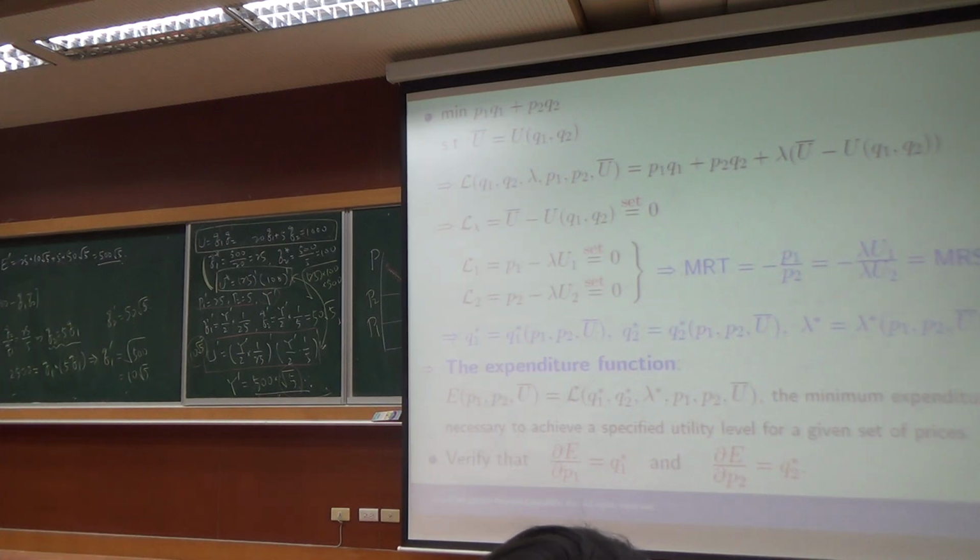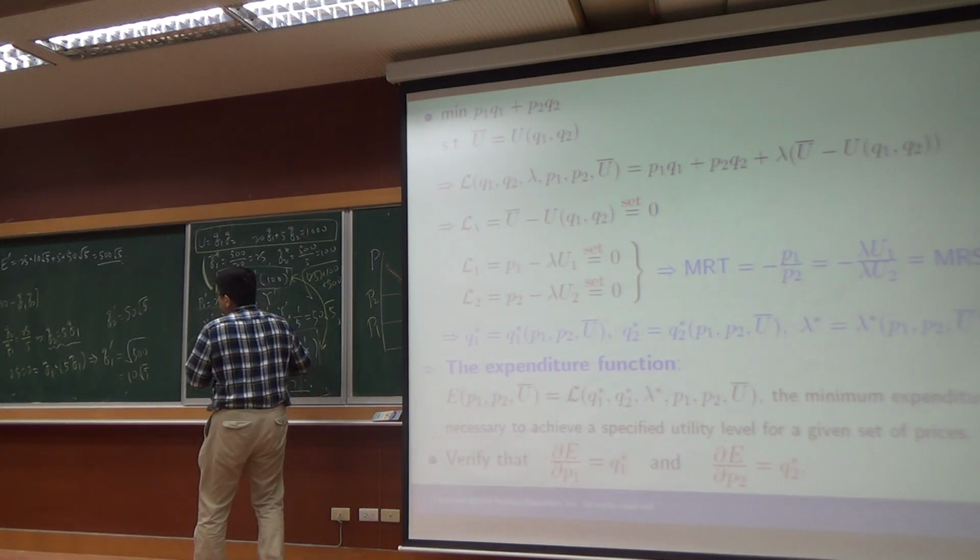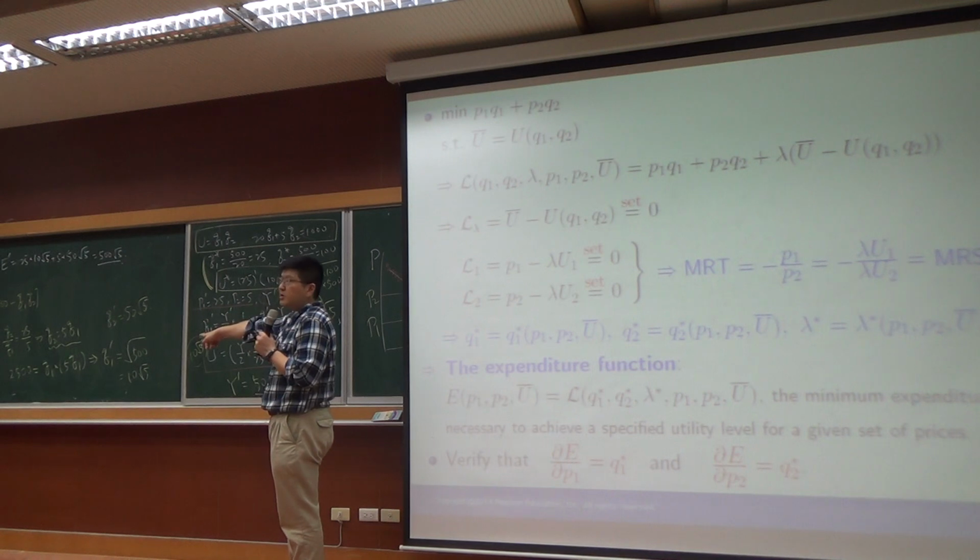We may find the Hicksian demand function. Okay? So the same way, let me give you how to do this. Do you have any problem with these two solutions, or these two ways to solve the problem?